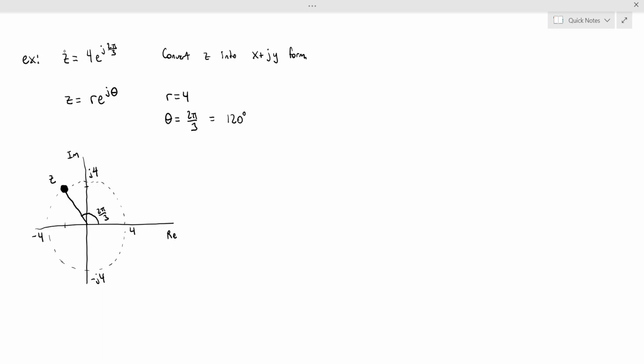Now to calculate the x and the y coordinates, or the real and the imaginary parts, we really just need to use these formulas. X is r cosine theta, y is r sine theta. So we know r is 4, theta is 2 pi over 3 radians. And then using our knowledge of the unit circle, cosine of 2 pi over 3 is equal to negative 1/2. So this will be equal to negative 2 altogether.